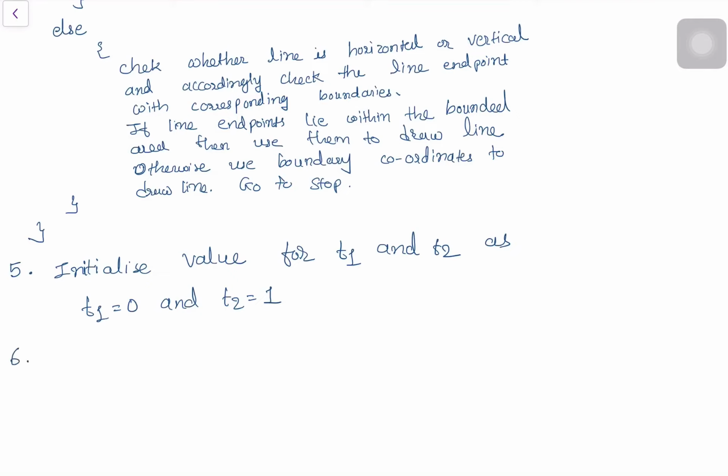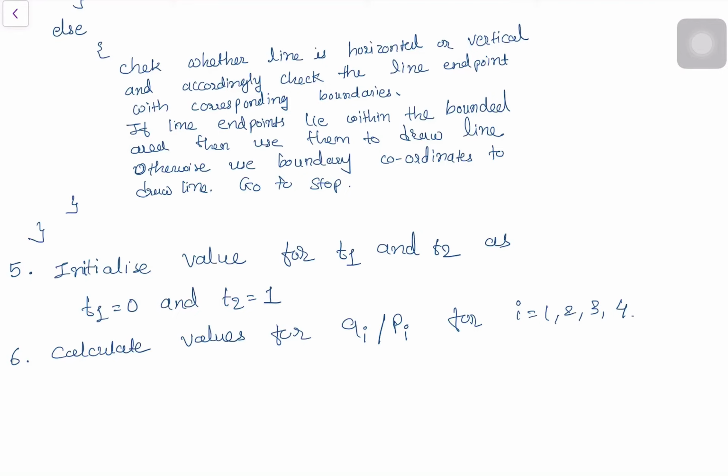And the 6th step is to calculate the values of Qi divided by Pi for i equal to 1, 2, 3 and 4.